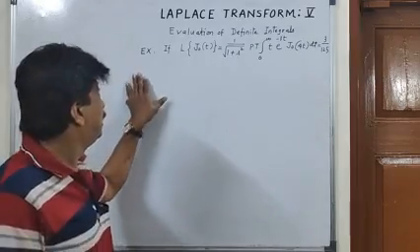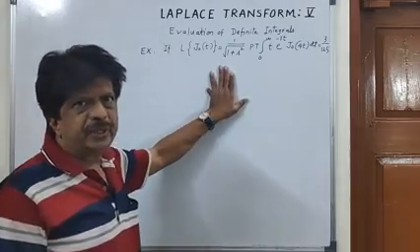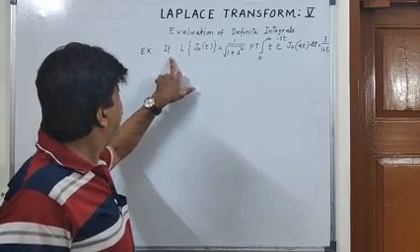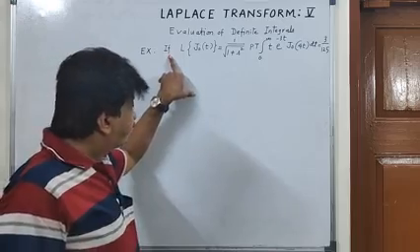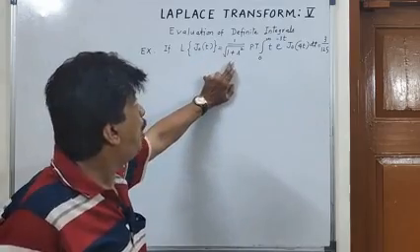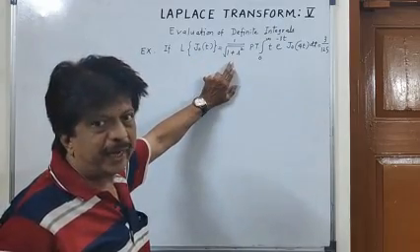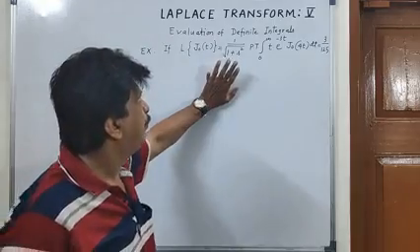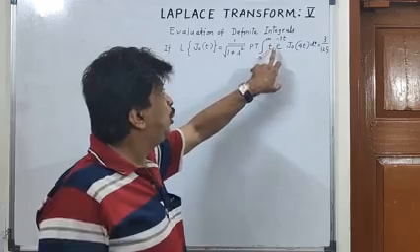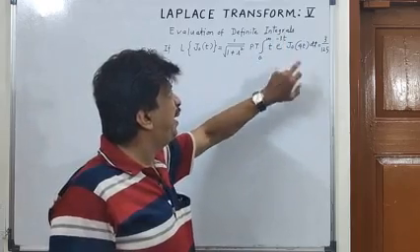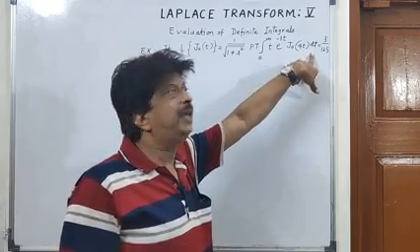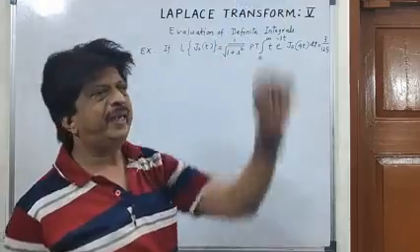So, to start with, this example asked in the university examination: if the Laplace transform of J0 of t is 1 upon under root of 1 plus s square, then the integral 0 to infinity t into e to the power minus 3t into J0 of 4t dt, the value of this integral is 3 upon 125.